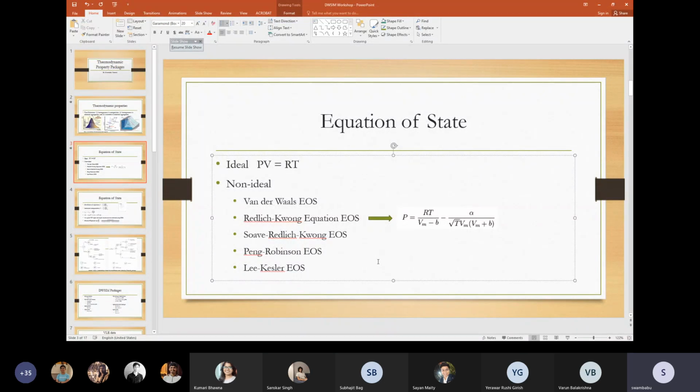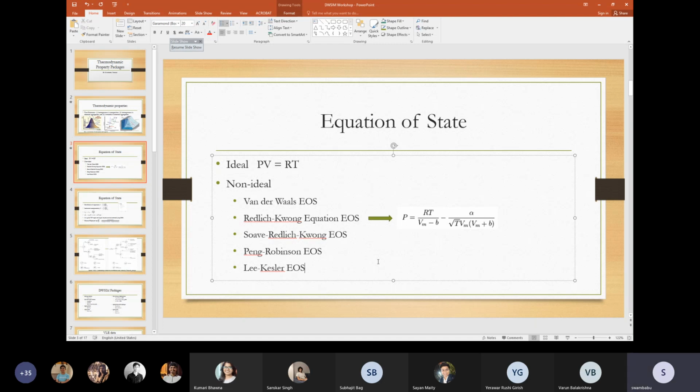For example, Peng-Robinson studied hydrocarbon components extensively, and Redlich-Kwong studied simple organic solvents and some inorganic solvents. They took certain groups of liquids and did this modeling, using multilinear regression and, with the basis of thermodynamic derivations, came up with these equations.